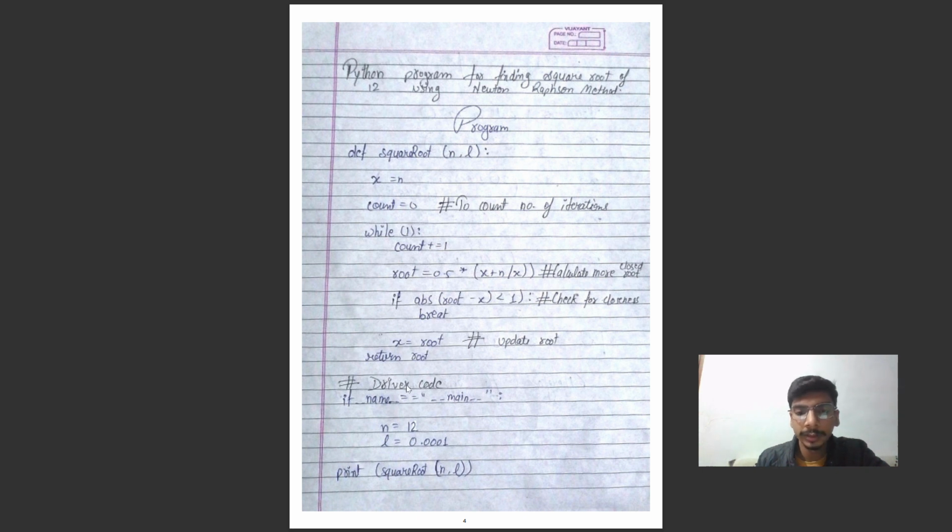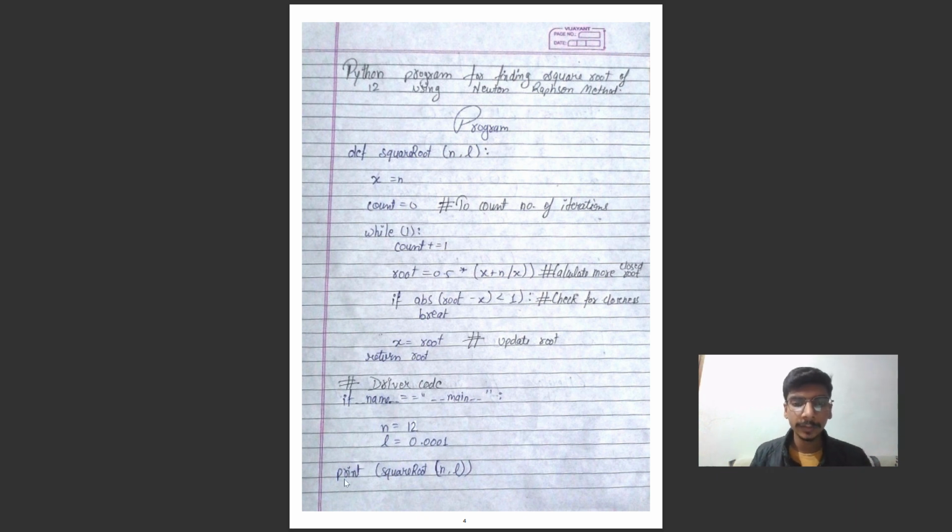This is a driver code in which we are calling our function and giving the parameters to the function. Here we have given n is equals to 12, l is equals to 0.001. n is the value for which we have to find the square root, and l is the tolerance value.